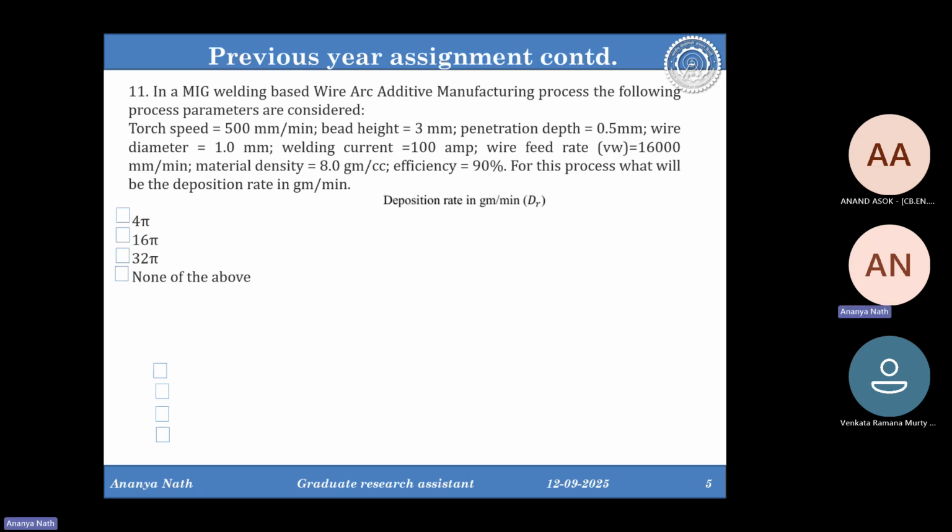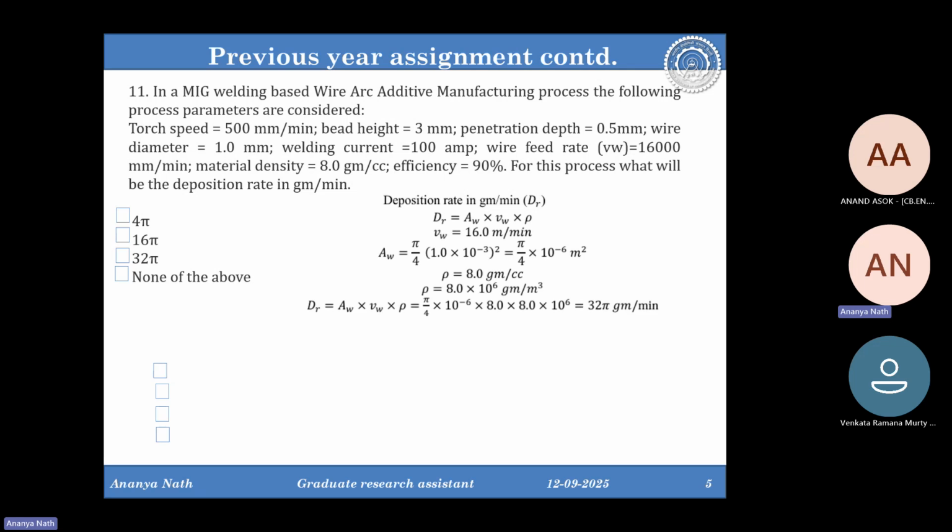The deposition rate is called DR, and with DR we get this equation: cross section, velocity, and the density. You can call the velocity the torch speed, and the wire feed rate as wire feed rate. So velocity is the torch speed, but VW is the wire feed rate.